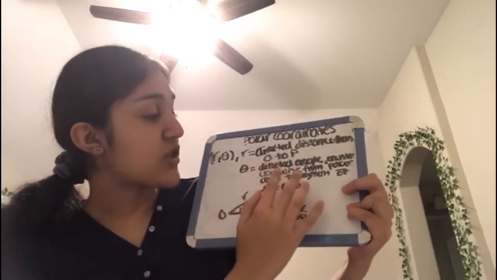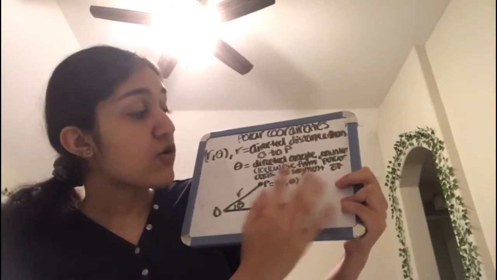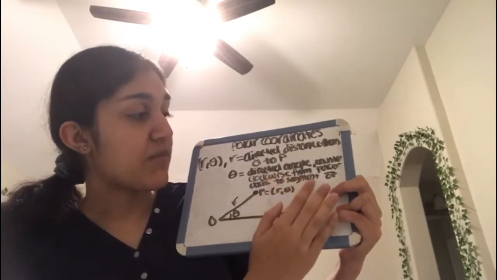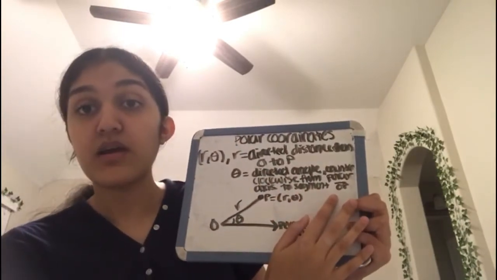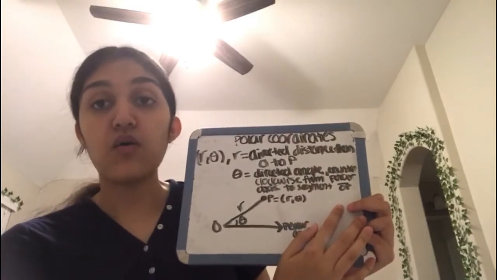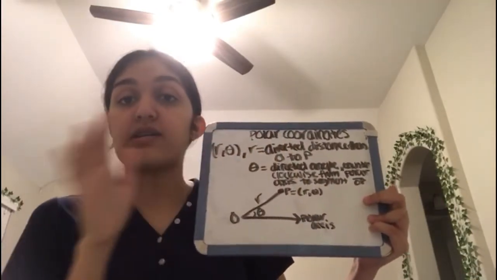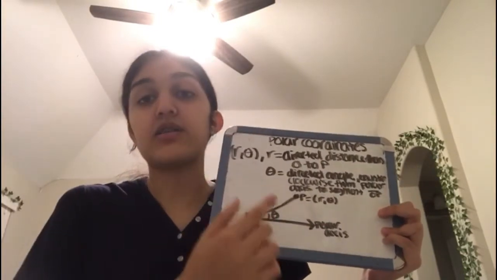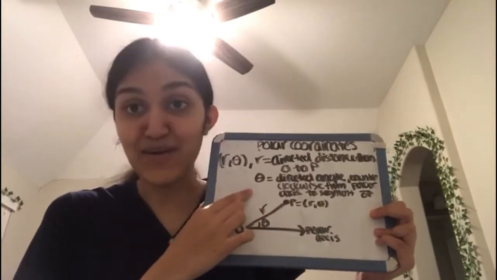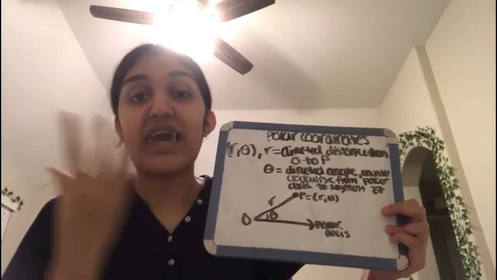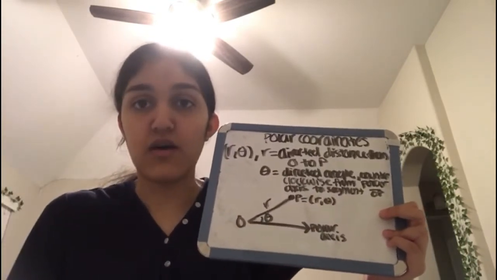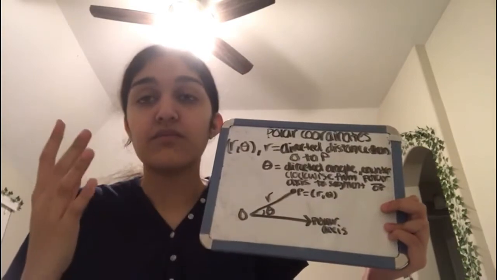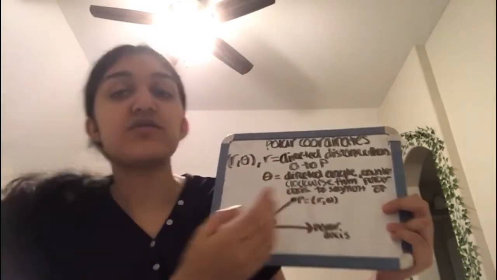Theta is a directed angle counterclockwise from the polar axis to segment OP. So r is a directed distance from O to P, and theta is a directed angle counterclockwise from the polar axis to segment OP.